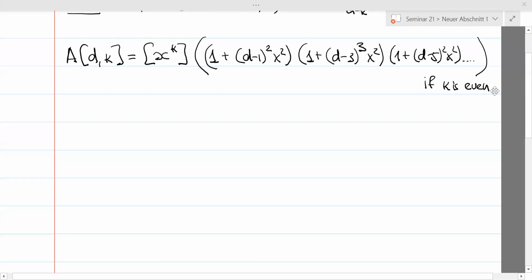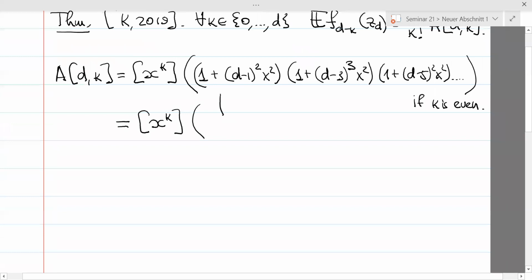If k is odd, it's a little bit more complicated. It is the coefficient of x to the power k in the following function, in the following series. I take the hyperbolic tangent of pi divided by 2 times x and then multiply by the same polynomial. So it's the same polynomial.